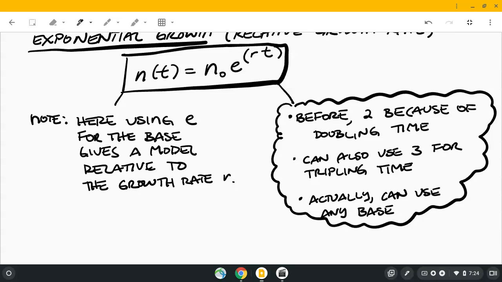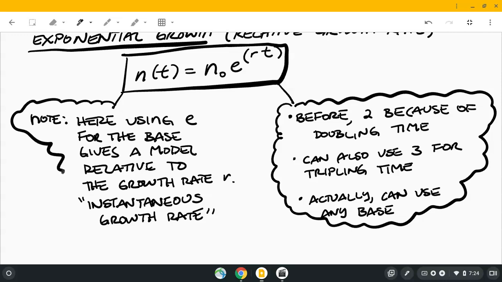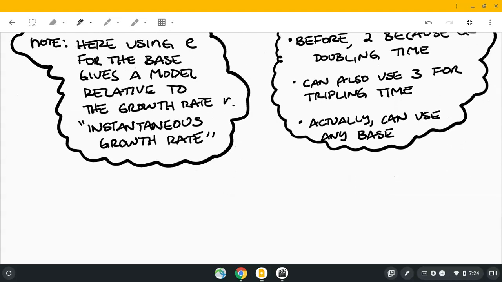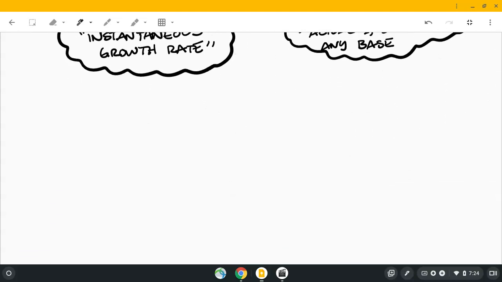We call this one the instantaneous growth rate, the rate at which it's growing at that particular instant. All right, so let's take a look at an example that uses this.